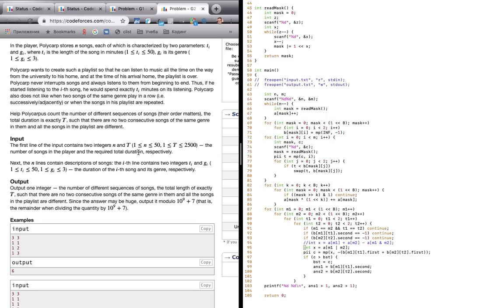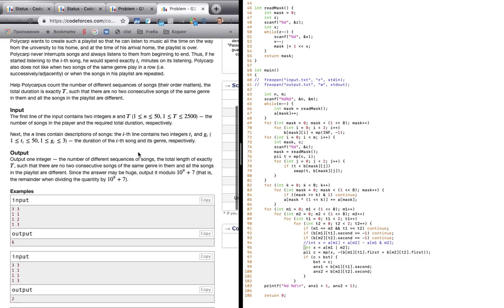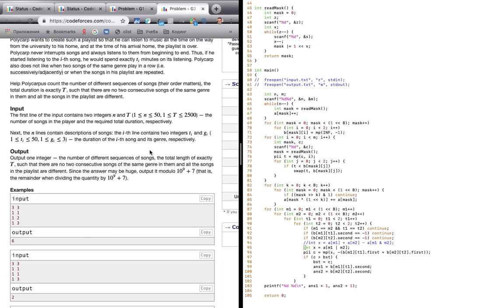It's something around 6 multiplied by 10 to the 8. Well, it's not clear if it's enough.